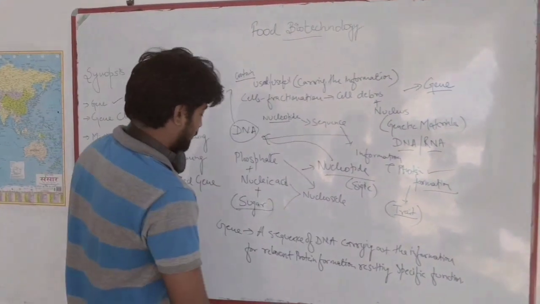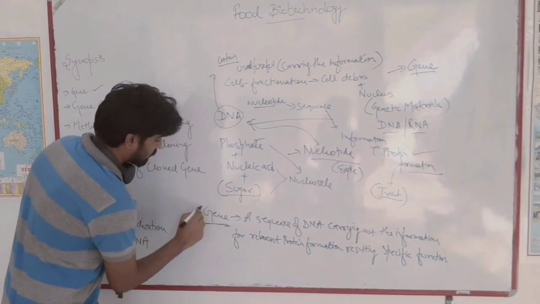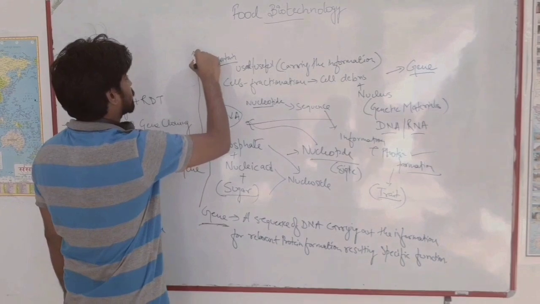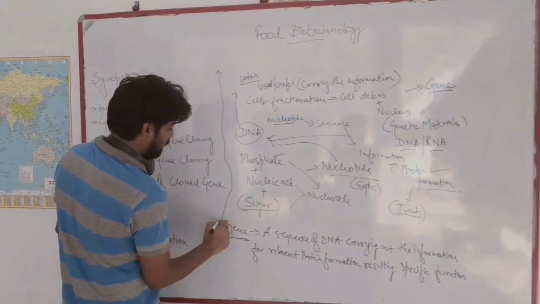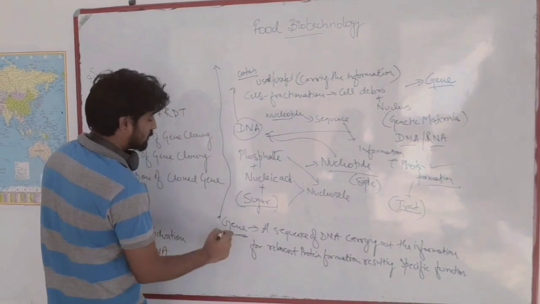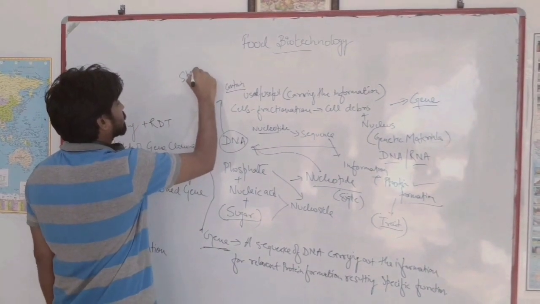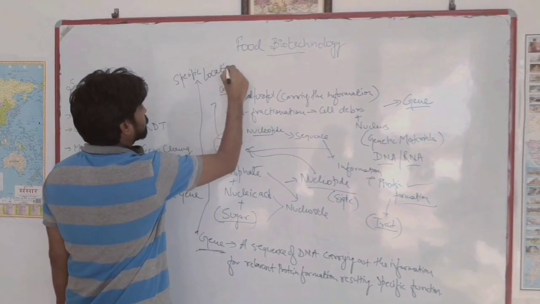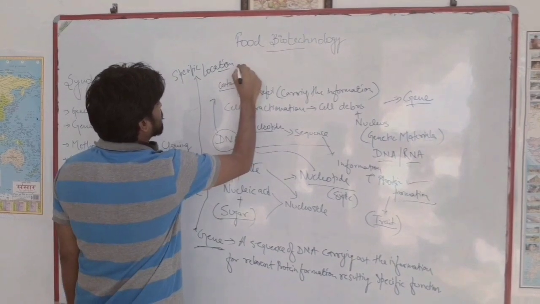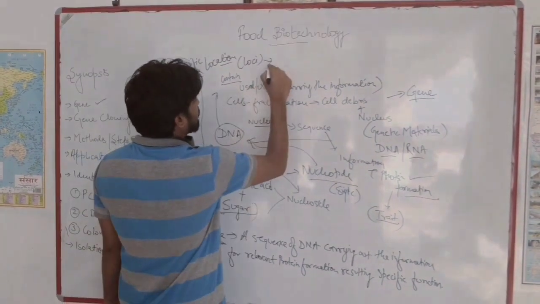Before winding up this topic, we'll understand the application of genes. When these genes are carrying the information at a specific location, in genetic information it is known as a locus, and then it is known as an allele.